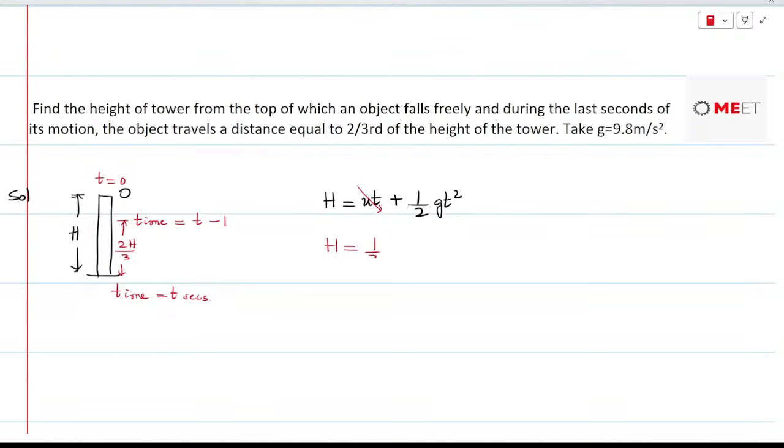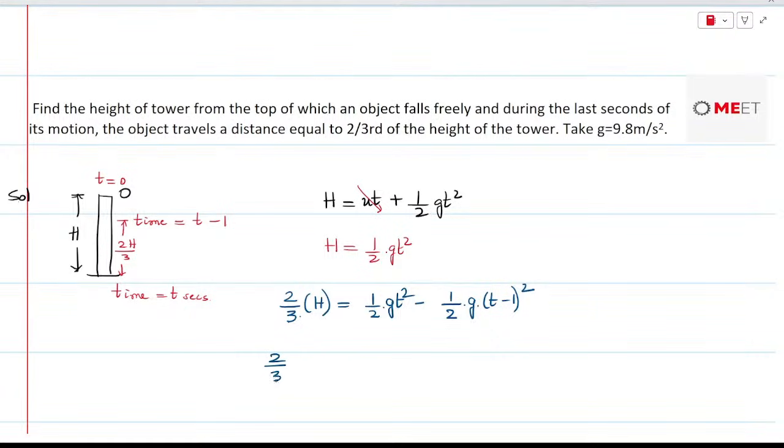So h is equal to half times g t square. Next, two-thirds of h is equal to the distance covered by the body for t seconds, which is actually h, that is half g t square, minus the distance covered by the body from 0 to t minus 1 seconds, which is half of g into t minus 1 whole square. So in this duration of the last 1 second, the distance is two-thirds of h.